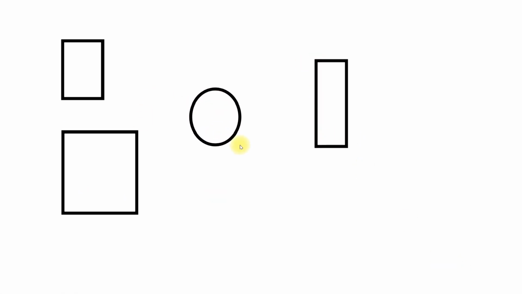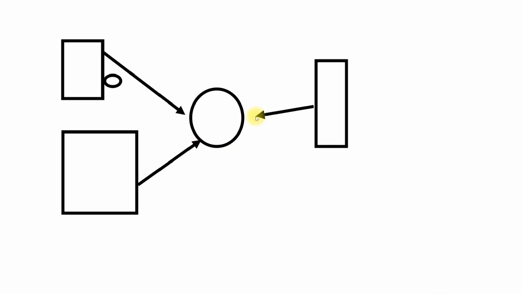Let's say we have a laptop here, a desktop here, and your smartphone here. All these are connected to one network, which is this one here. So your laptop, your desktop, and your smartphone become nodes.